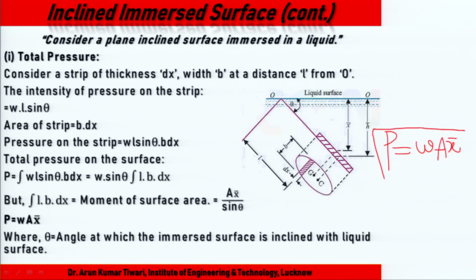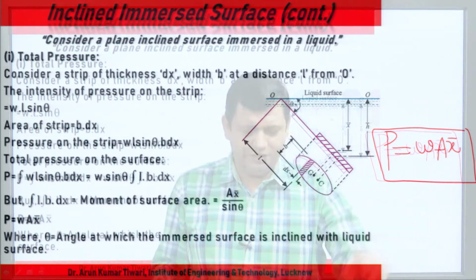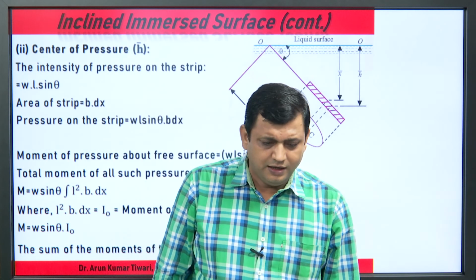In all the cases it is similar: capital P equals w A x bar.